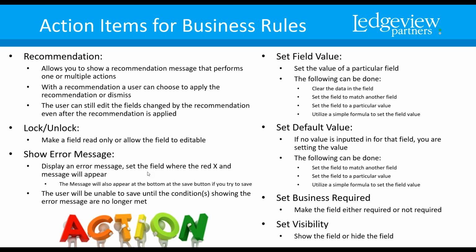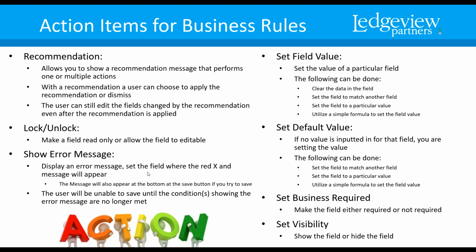The message will also appear at the bottom at the save button if you try to save it, meaning you can't go on until you correct the issue. So until the condition is no longer met, meaning it's no longer a government contract or it's no longer in the state of Oregon, you can't save this opportunity.